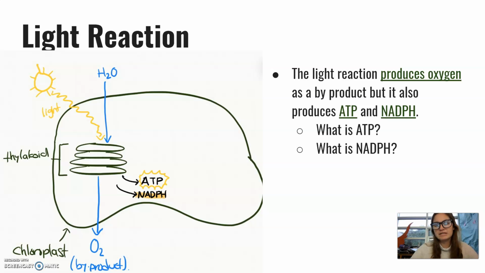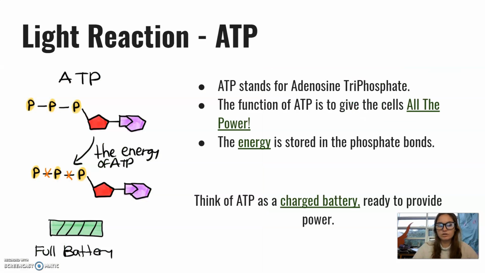It's also producing ATP and NADPH, where ATP stands for adenosine triphosphate. Again, the pronunciation's a little weird, but adenosine triphosphate, tri being 3. In fact, if you take a look at the left image, we see 3 P's: 1, 2, 3.